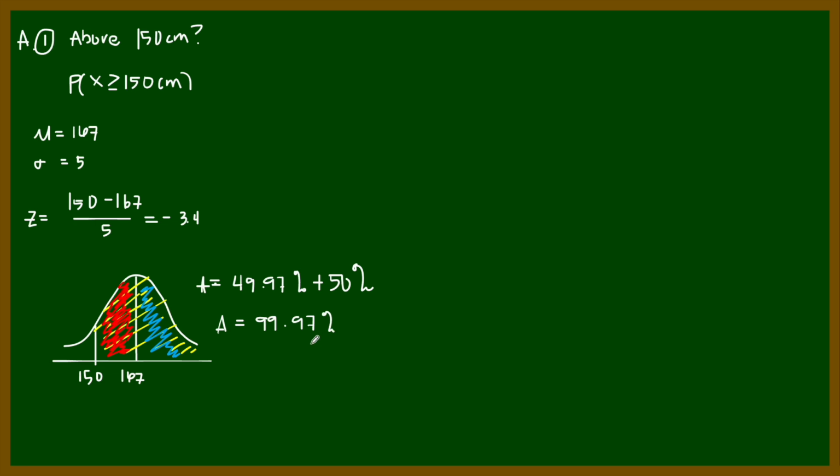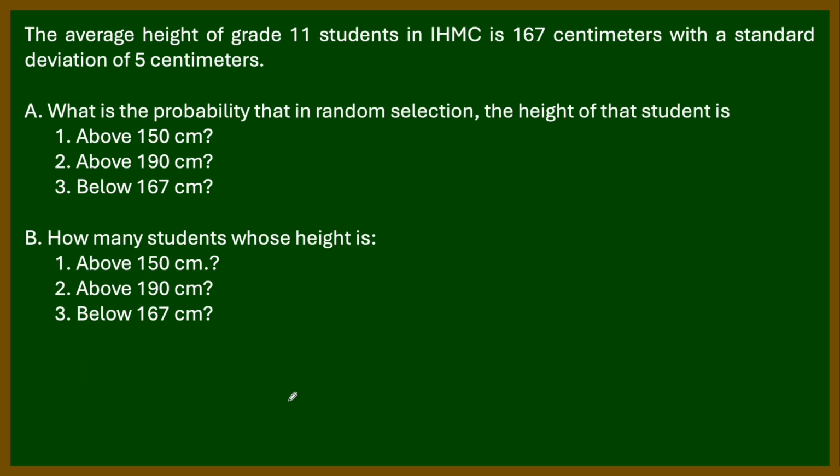So, there is a very large chance that you will see such a student. For example, you are walking and you meet a student, for sure, the height of that student is above 150 centimeters. Now, as a written conclusion, don't forget to put: therefore, the probability of those students whose height are above 150 is 99.97%.